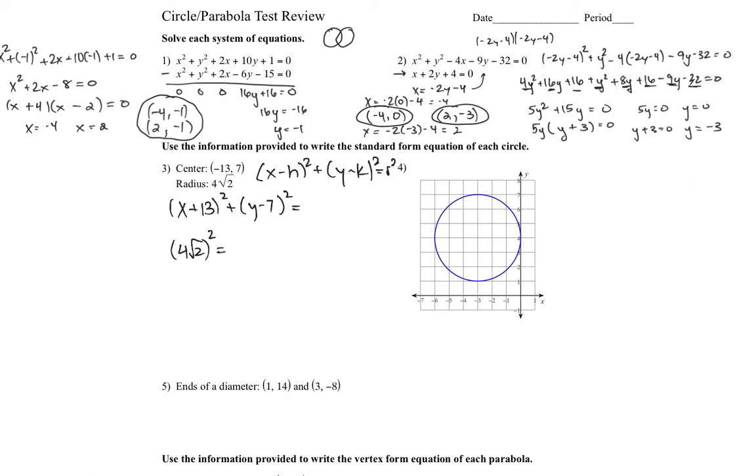So I'm going to square all the parts. So 4 squared is 16. The square root of 2 squared is just 2. So we end up getting 32 equals r squared. Now remember, I just want r squared, so don't go backwards and then square root the whole thing again. You just undo what you just worked on.